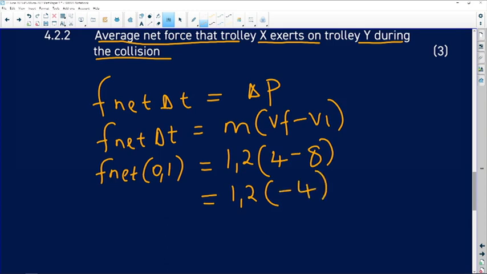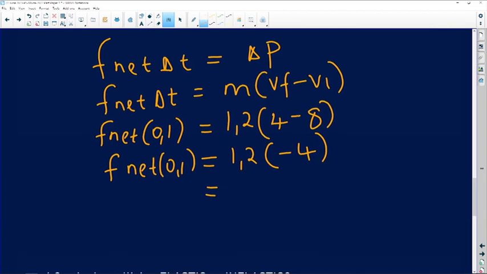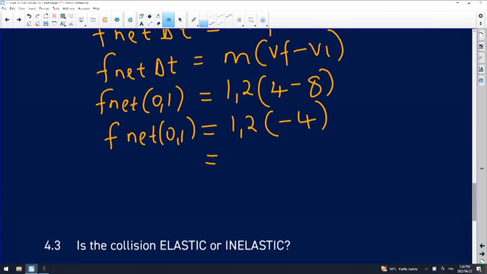Minus 4. And therefore, here we still have F net and my 0,1. What do we then do? We just multiply 1,2 and negative 4. We go to our calculator.